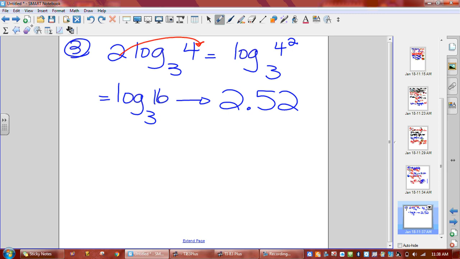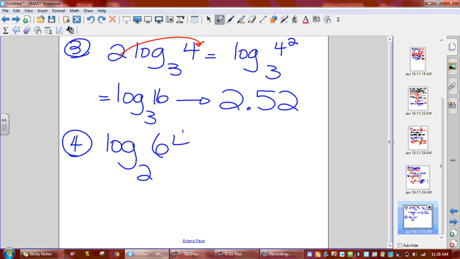So if I have log base 2 of 64. First thing we're going to do, as we always do, is we check and see if 64 can be the answer of a 2 exponent something.